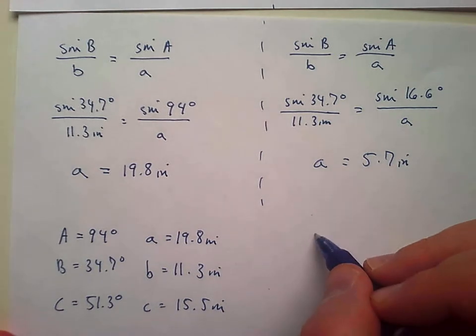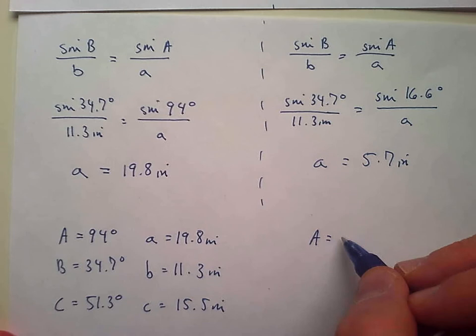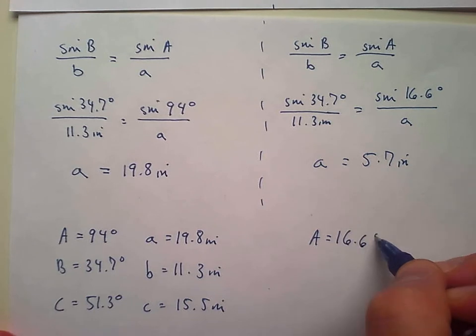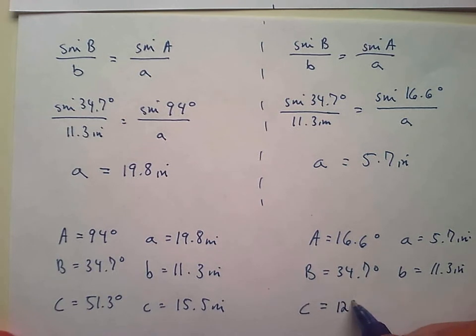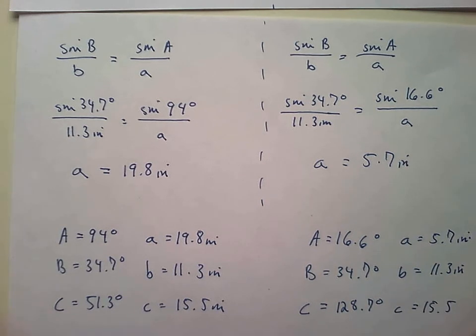Or in case number 2, we can have that A is equal to 16.6 degrees and side A is equal to 5.7 inches. B is equal to 34.7 degrees and B is equal to 11.3 inches. And C is equal to 128.7 degrees and side C is equal to 15.5 inches.